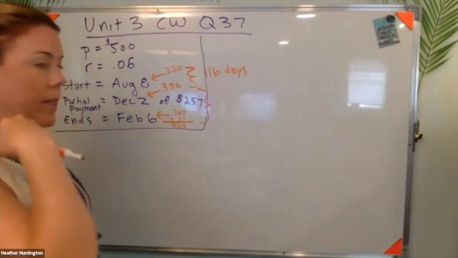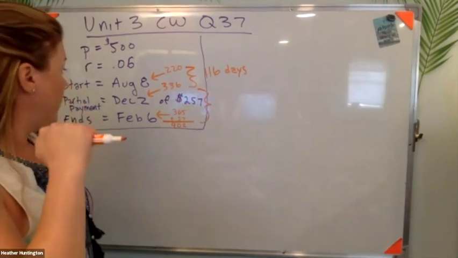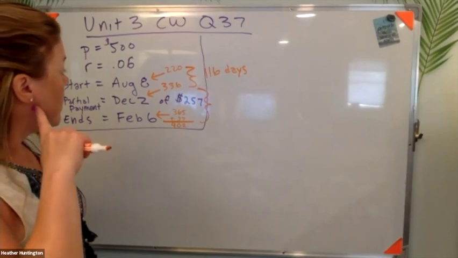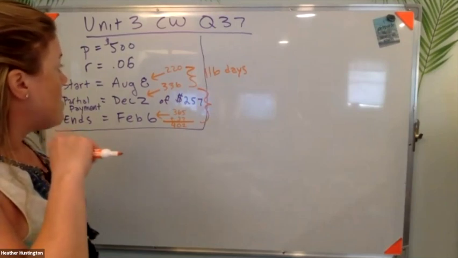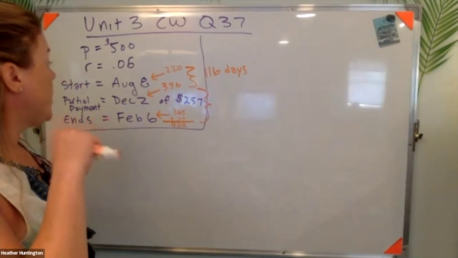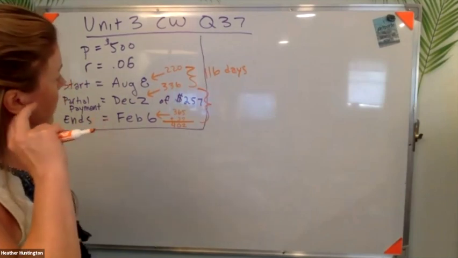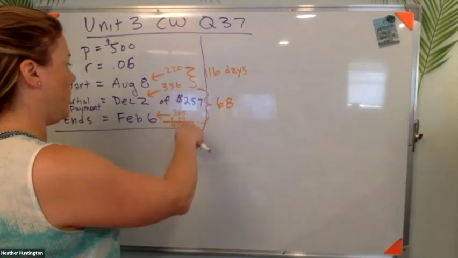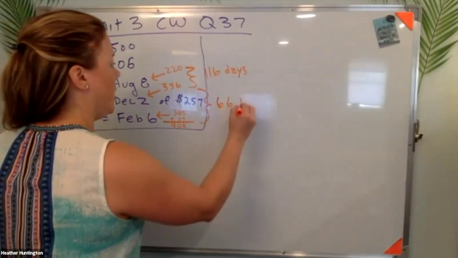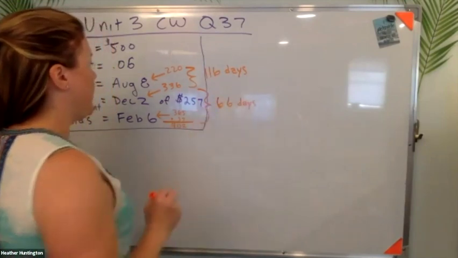Figure out how many days are in between December 2nd and February 6th. Try to do it without a calculator. 402 minus 336 is 66. Yeah, 66. Good.